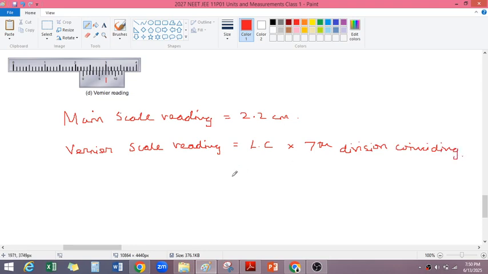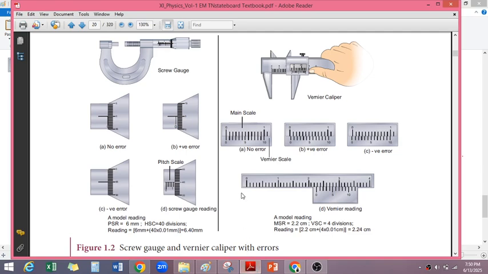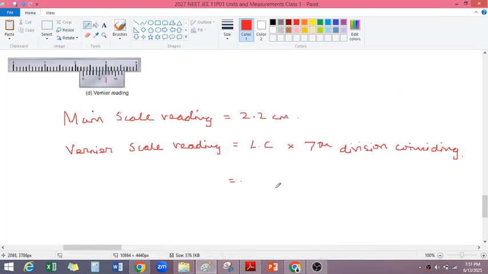Least count generally will be given in your question, right? Otherwise we have to find what the least count is from the measuring device. So here I think the least count is 0.1 millimeter, which can also be written as 0.01 centimeter.